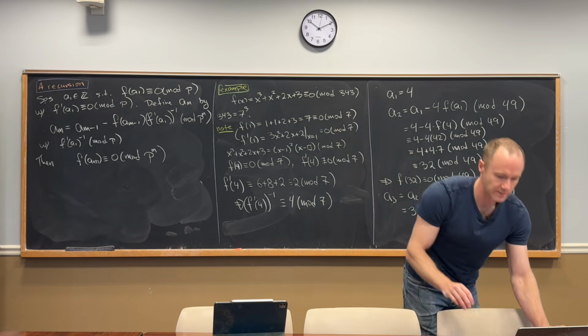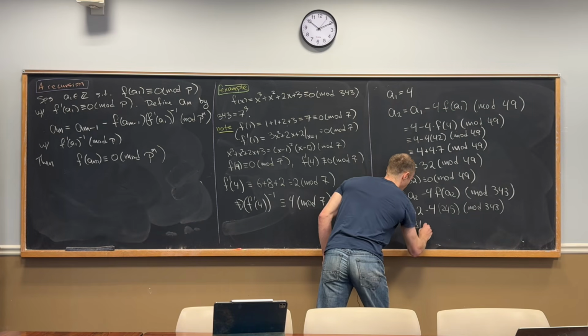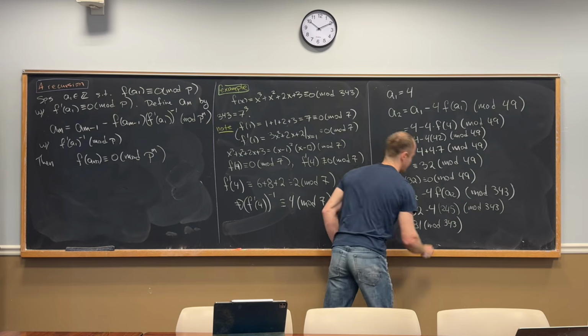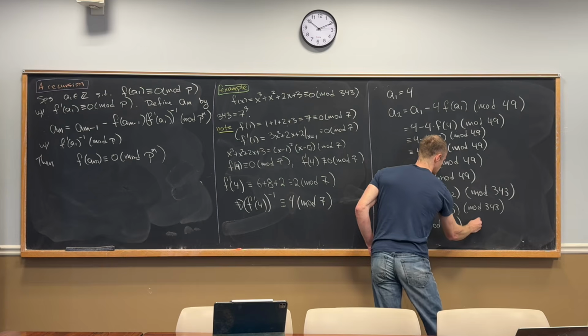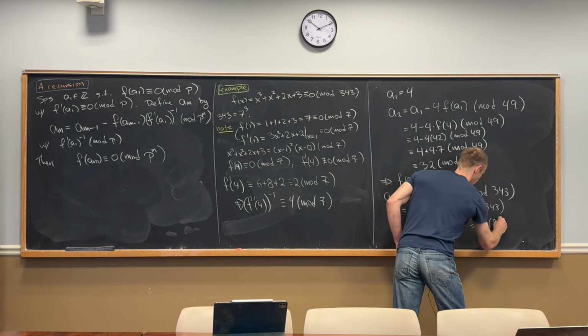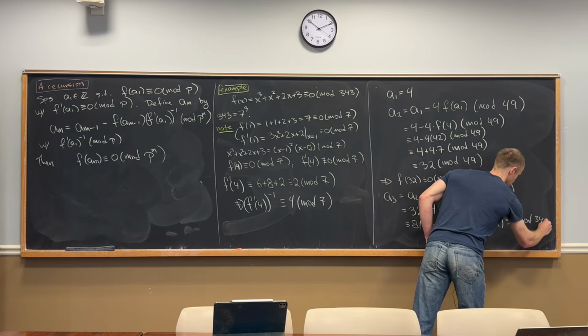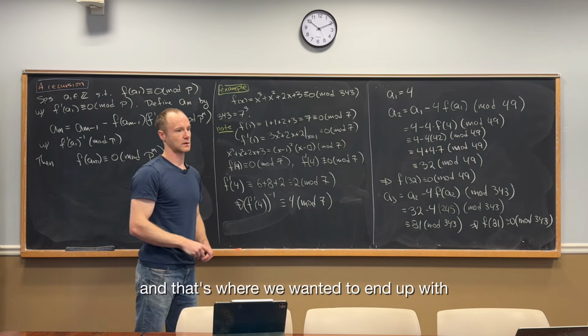That's a big number. 81. So this is congruent to 81 mod 343. So this tells us that f of 81 is congruent to 0 mod 343. And that's what we wanted to end up with.